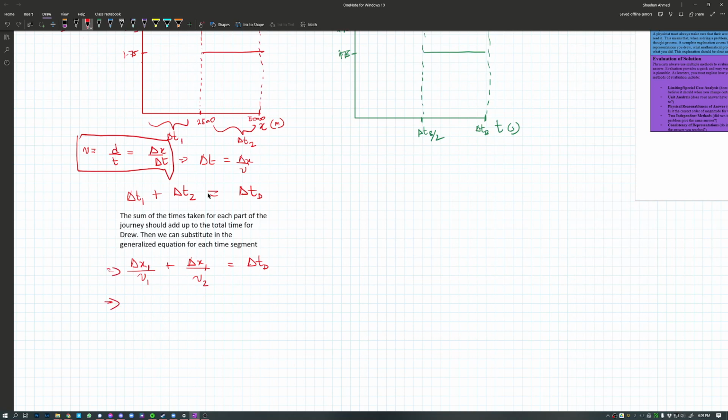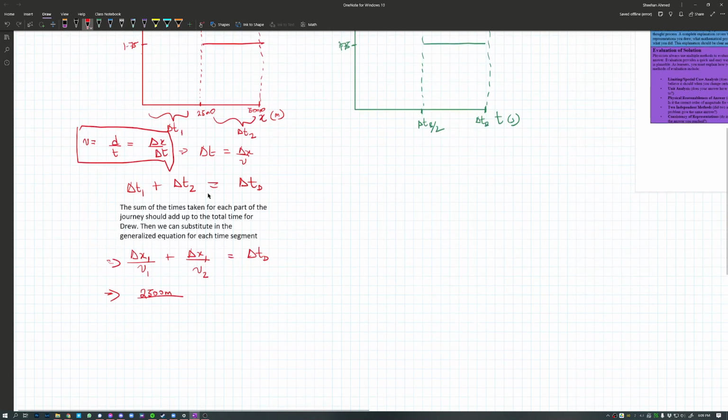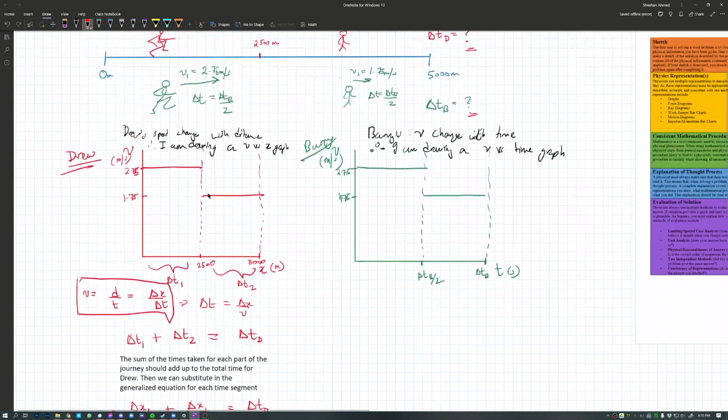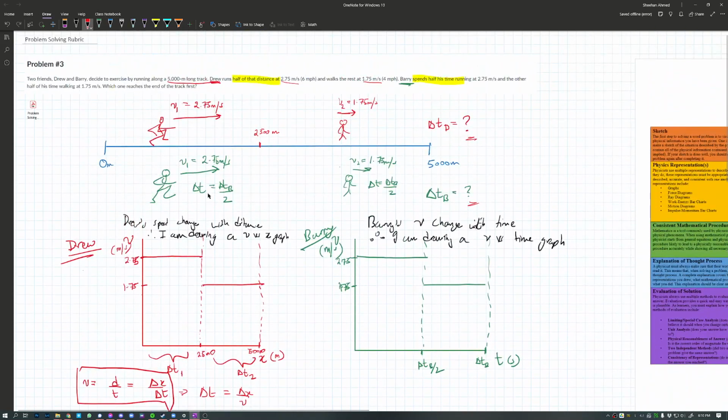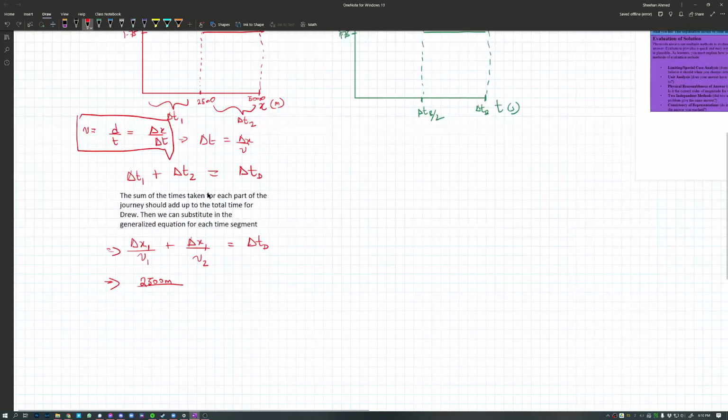Well, let's see what we have here. Delta x1, this was easy, 2,500 meters, right? Again, I'm reading from this graph over here. And for that 2,500 meters, Drew was moving at 2.75 meters per second, plus another 2,500 meters divided by 1.75 meters per second, and that'll give me the total time.